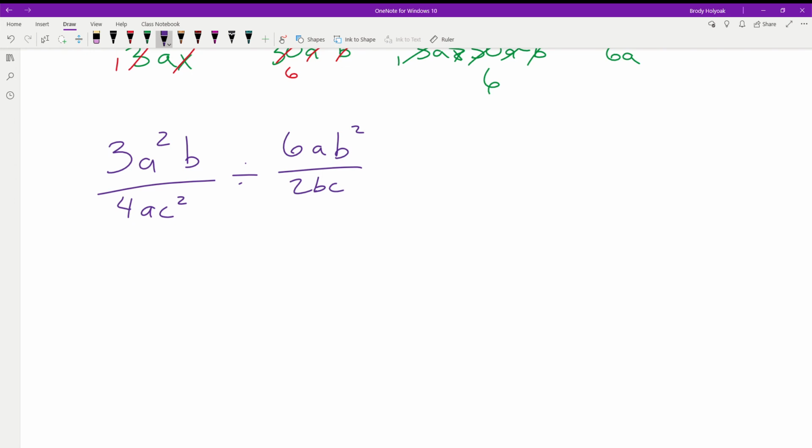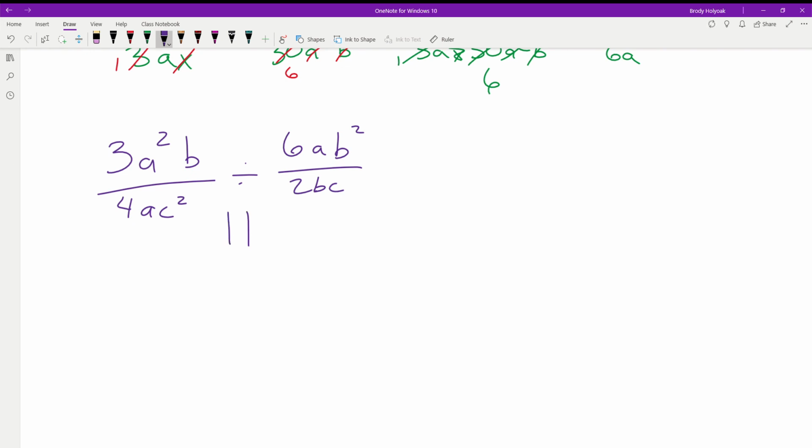One of the things to always look at as well is, when we're doing these, division is not the funnest thing to do with fractions, monomials, anything. Multiplication is easier in my opinion. So, remember the trick that we have. We can invert and multiply the second term. Turn it into a multiplication problem.